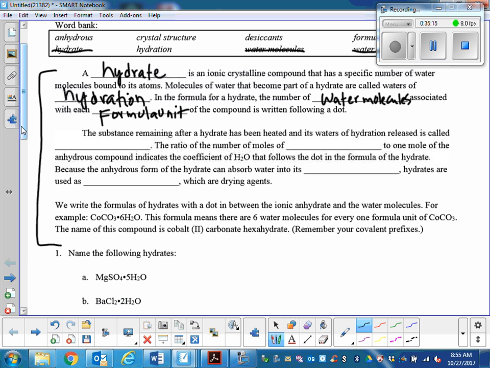So the substance remaining after the hydrate has been heated and its waters of hydration released is called, what do you think it is? Anhydrous, that's right. It's called anhydrous or anhydrate.